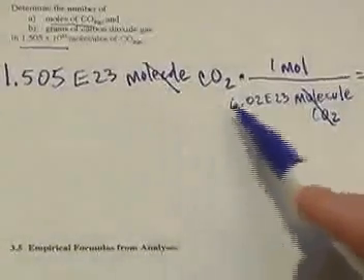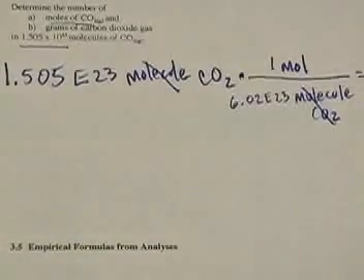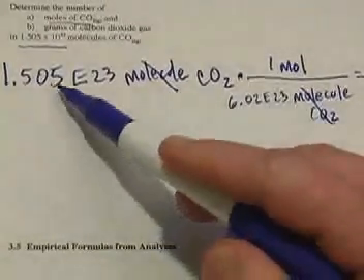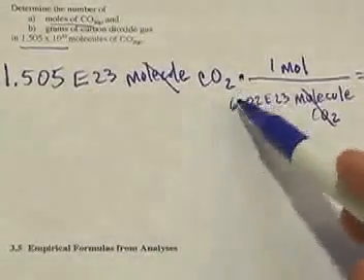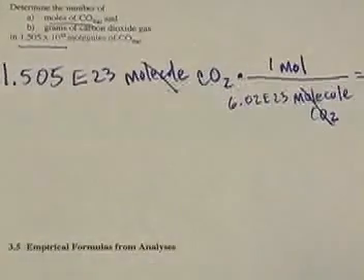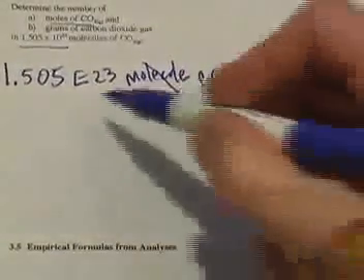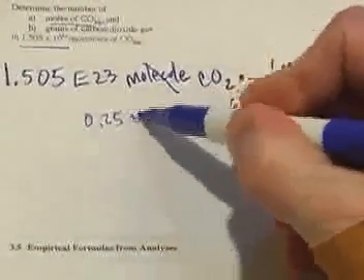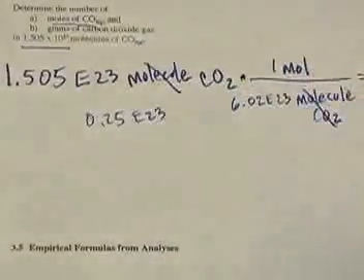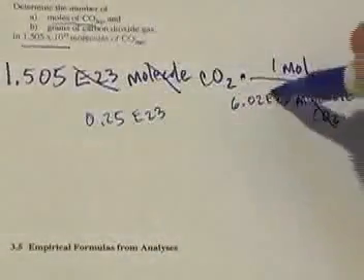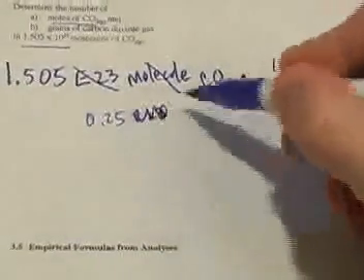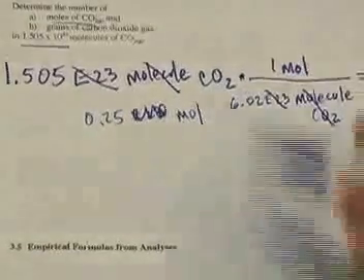And 1.5 divided by 6.02, you might be able to do that in your head, because if you double this, it's like 3, which is about half of 6. So this must be a half of a half, or a quarter. And it turns out that that is 0.25. I'm sorry, the times 10 to the 23rds cancel. 0.25 moles of CO2.